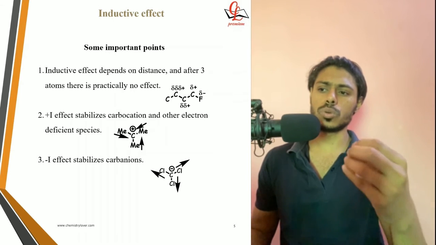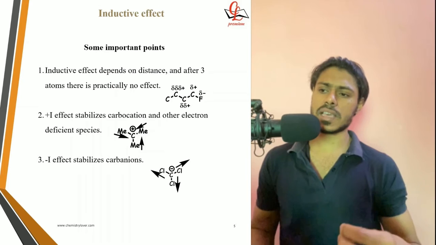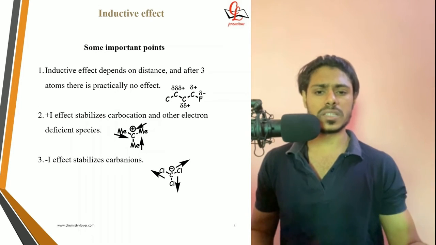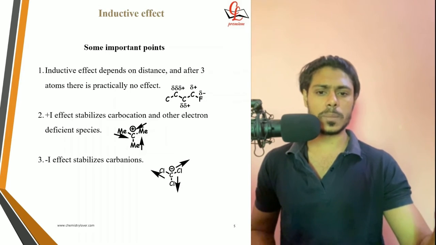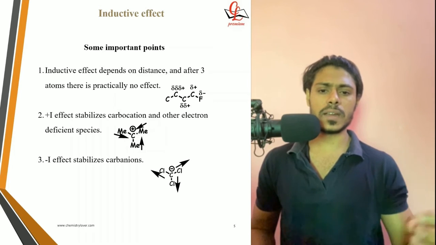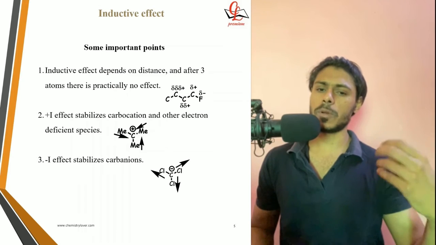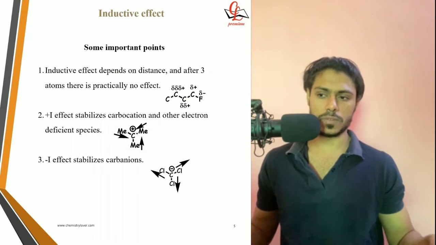If we go to carbon number 2, the intensity of the positive charge decreases, and in case of carbon number 3 the intensity is even lower, and after carbon 3 there is practically no effect. So inductive effect depends on distance, and up to 3 carbon atoms there is an inductive effect, highest for carbon 1 and lowest for carbon 3, and after carbon 3 there is practically no inductive effect.